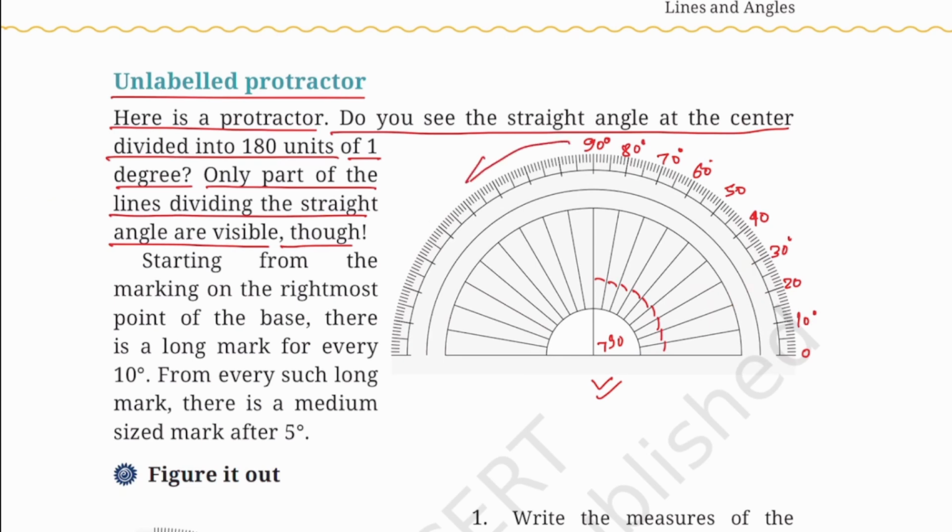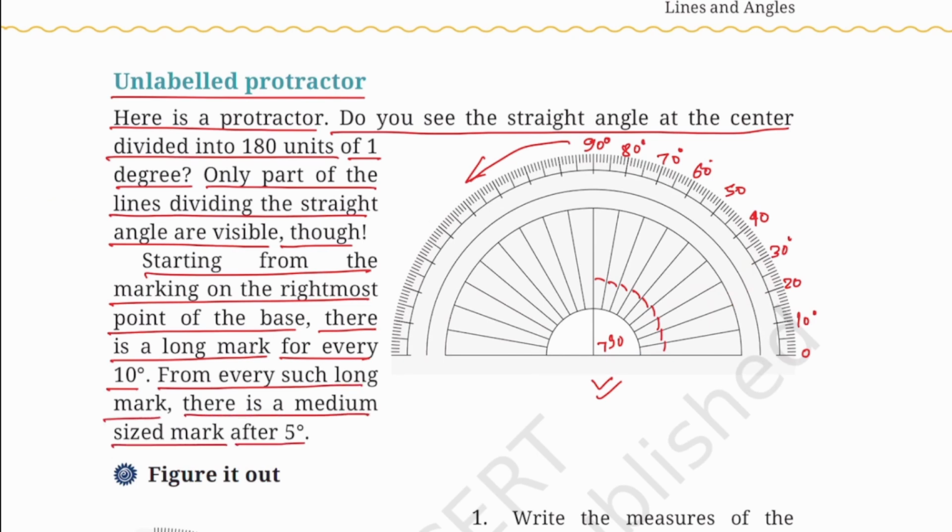Similarly, you can measure angles greater than 90 but less than 180 degree. Starting from the marking on the rightmost point of the base, there is a long mark for every 10 degree. From every such long mark, there is a medium sized mark after 5 degree.